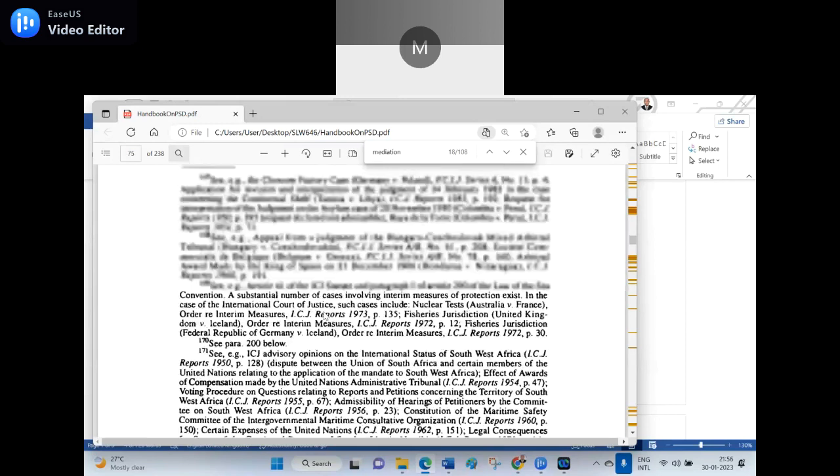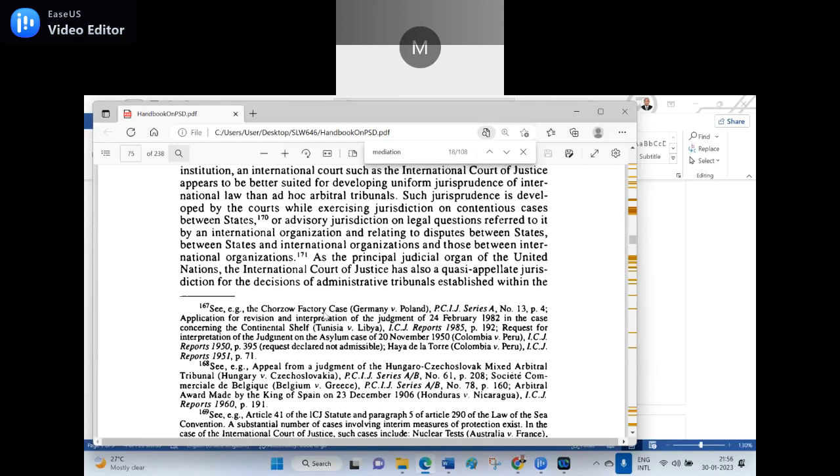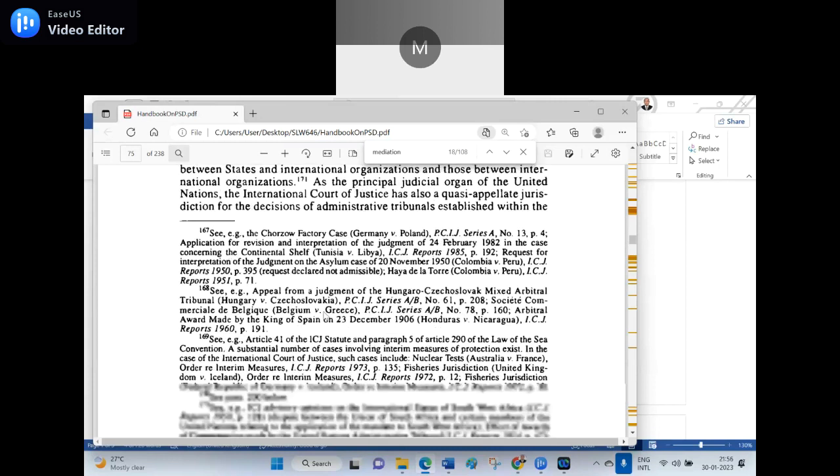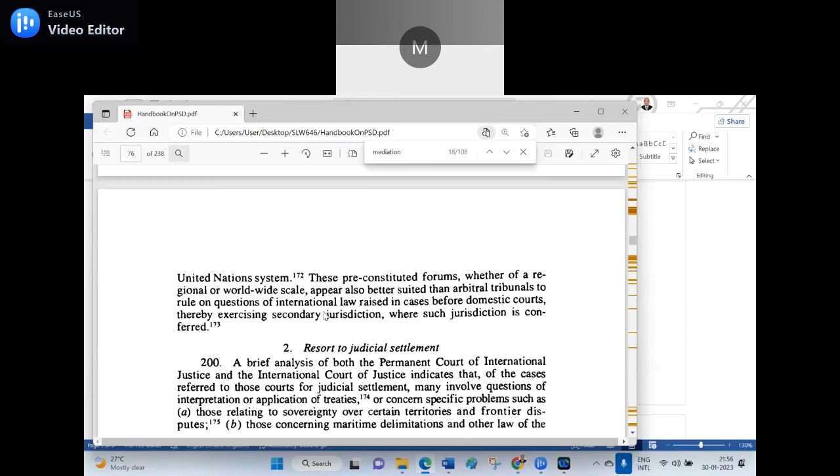One is that it is clearly a judicial body, the International Court of Justice, but it also has quasi-appellate jurisdiction over the decisions of the administrative tribunals under the United Nations system. So the dual role is there: one is judicial decisions, another is for the administrative tribunals, where it could act as a quasi-judicial body.